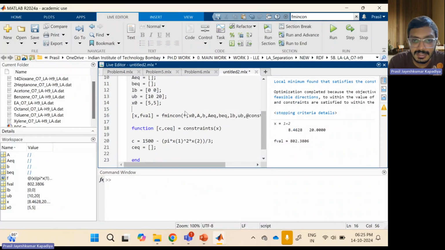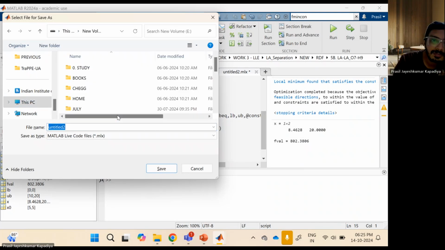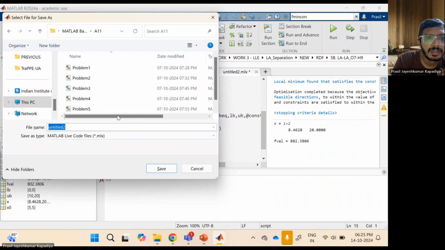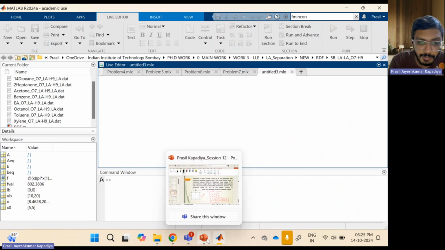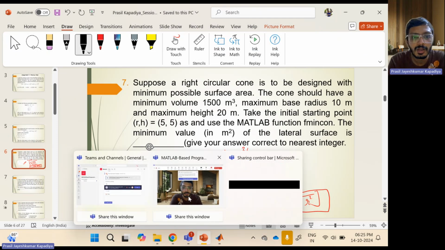Okay, so this is how we can solve this. Let me save this problem. This is our problem number 7. So this is how we can solve a minimization, maximization, basically an optimization problem.